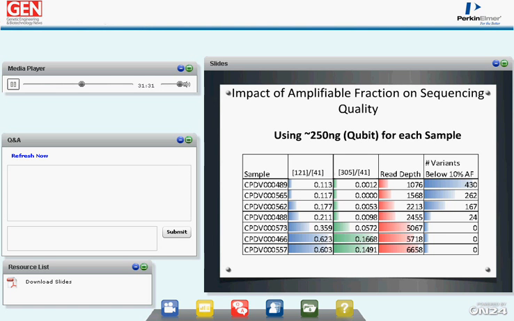The more degraded it is, the less data we're able to generate. And in this column all the way to the right is probably the biggest indicator. These are the number of variants we see in that low allele frequency range. And so the more degraded the sample, the higher the number of false positive variants until we hit that threshold where the DNA is sufficient enough for the assay.